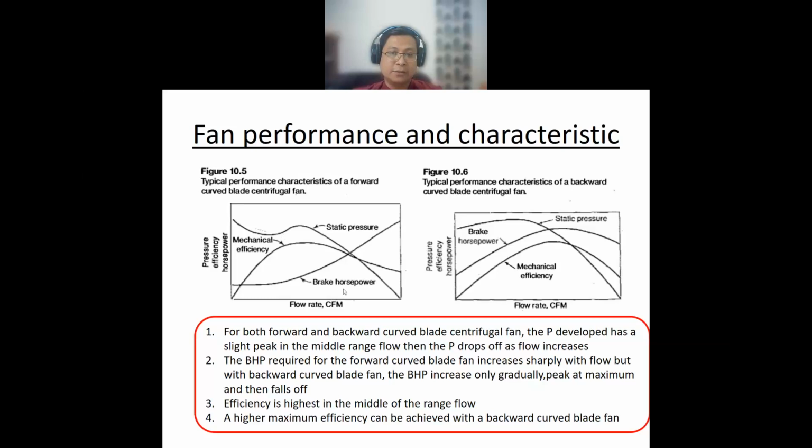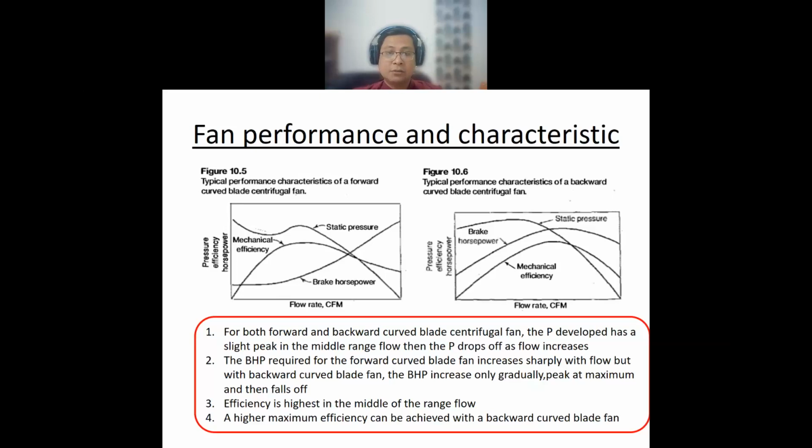We cannot use more than that, otherwise the efficiency will drop. The maximum is when the mechanical efficiency is around 50%. When we talk about the brake horsepower, the maximum is at the maximum flow rate, and the static pressure is maybe similar to the mechanical efficiency, around 50% of the power.